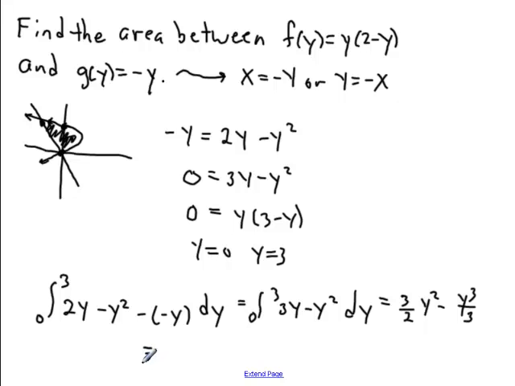And when we evaluate, we get 27 over 2 minus 27 over 3. And we see that this is actually the same problem as from before, but in disguise. This is going to give us 13.5 minus 9, which equals 4.5.